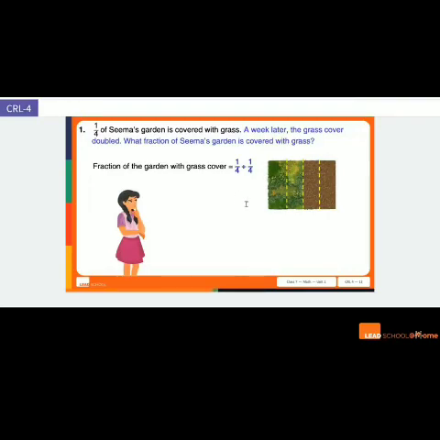This can be shown using multiplication. 1 out of 4 plus 1 out of 4 equals 2 multiplied by 1 out of 4. 2 can be written as 2 out of 1. From the picture of the garden, we can see the fraction of the grass cover is 2 out of 4. If we simplify it, it becomes 1 out of 2.